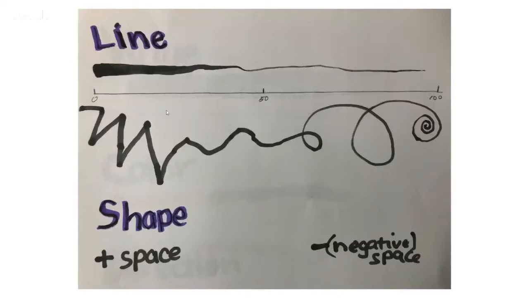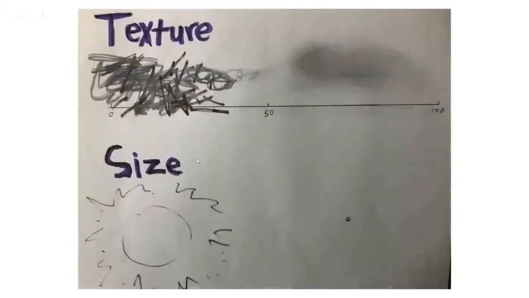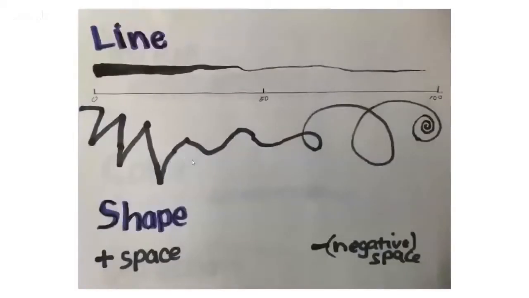Another one, for line, would be maybe angular and straight, but it can range all the way from angular to the other extreme, which is all curves. Shape could be something as simple as the shape of the positive space versus the polarity there would be the negative space.